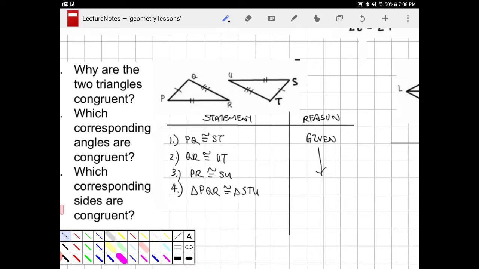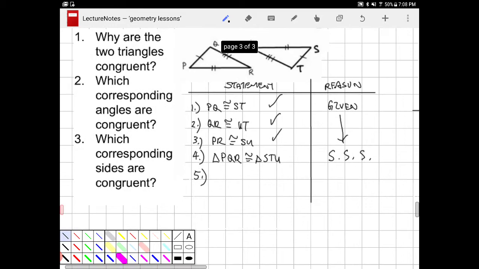Notice that P corresponds with S, Q corresponds with T, and R corresponds with U. And why are those two triangles congruent? Because I have a side, side, side congruent relationship between these two triangles.